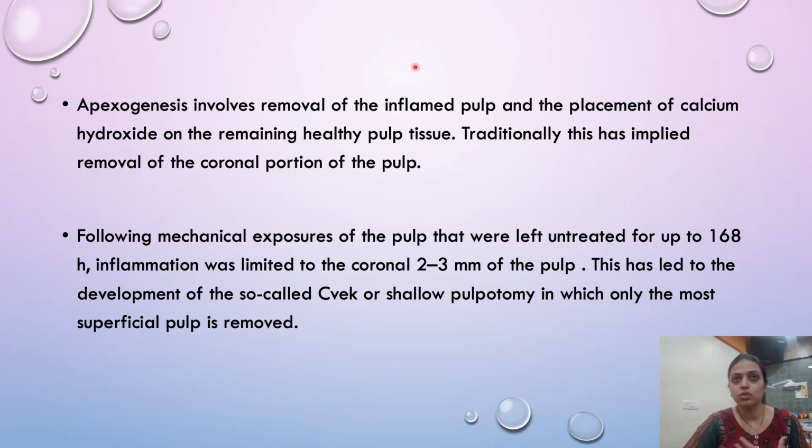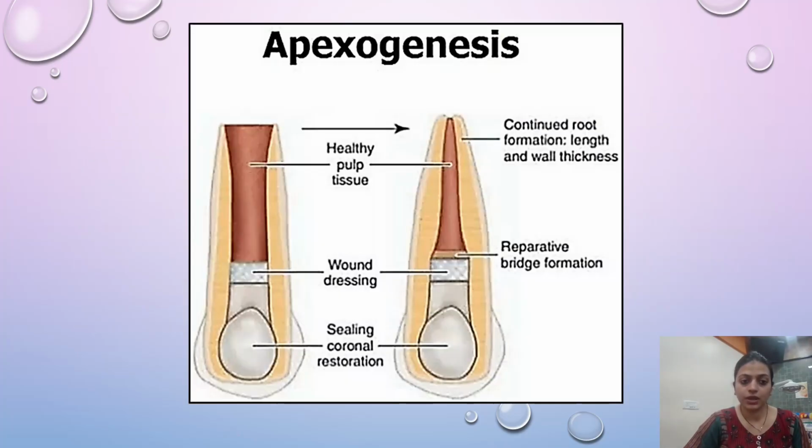So the depth to which the tissue is removed is determined by clinical judgment. Only the inflamed tissue is removed, but there's always difficulty in assessing the level of inflammation. So in apexogenesis, what we are doing is maintaining the healthy pulp tissue, the vitality of the tissue.